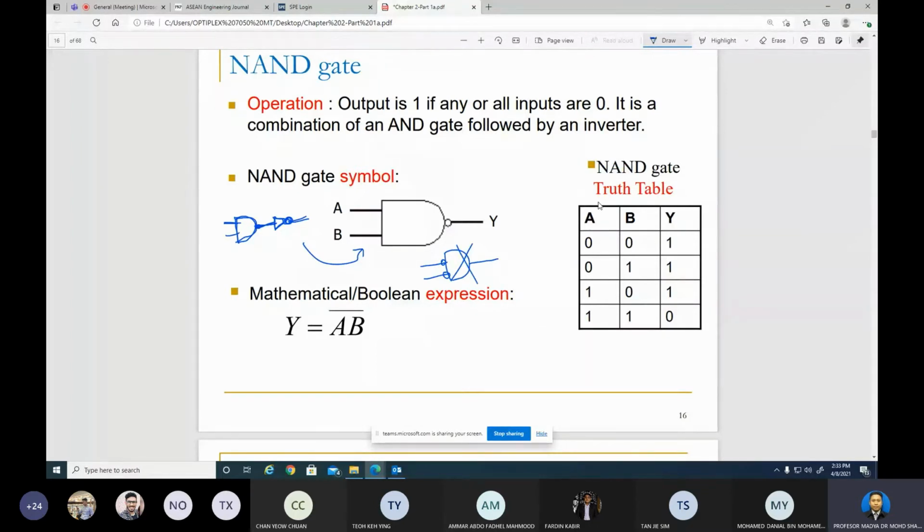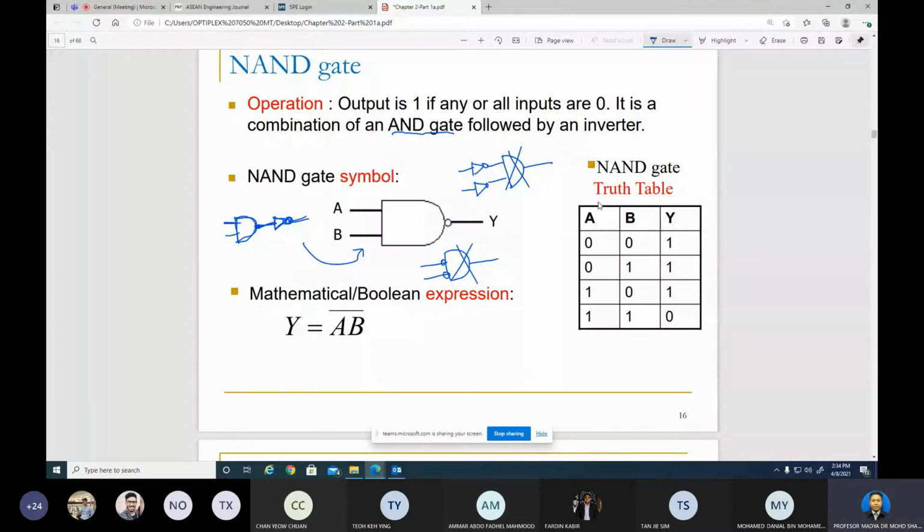It does not come like this. So this one will be a wrong answer. That's why you have to remember: first comes the AND gate, followed by the inverter.